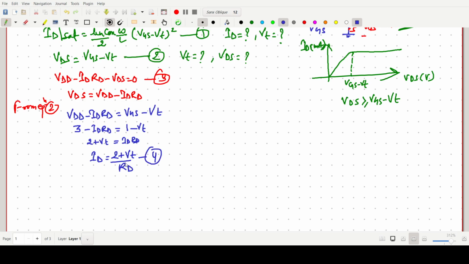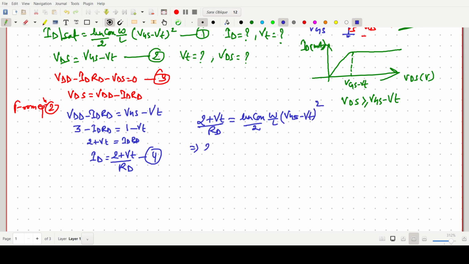Now the ID value is known to us, and if we put it in equation number 1, we can easily find VT, because now the only variable is VT. So we write (2 plus Vt) by Rd equals mu n Cox W by L by 2 into (VGS minus Vt) whole square.